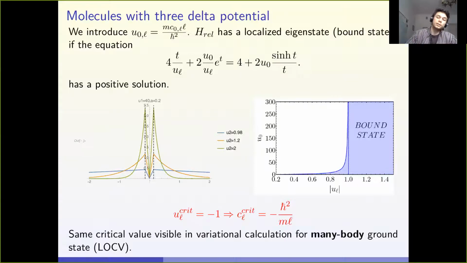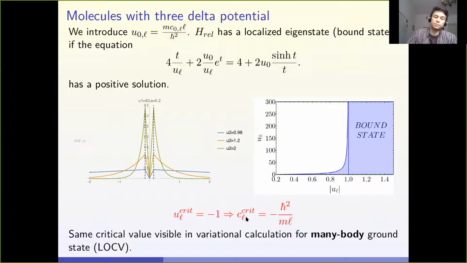And in particular, if you look at this plot, then there is a critical value of UL, for which UL corresponds to the finite-range attraction. And if you have attraction stronger than this, then the bound state exists no matter how strong the short-range repulsion is. Okay, so as we will be working in the regime of very strong repulsion, then we want UL to be greater than this critical value.